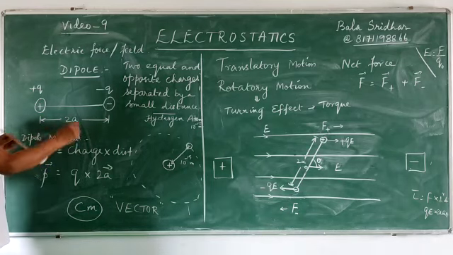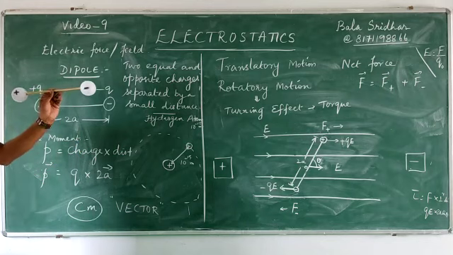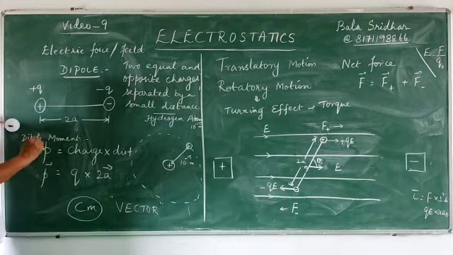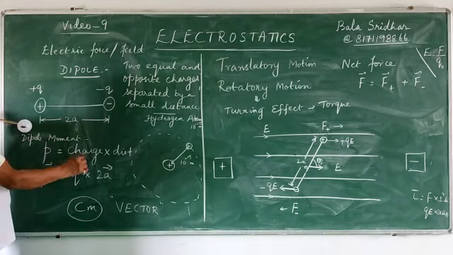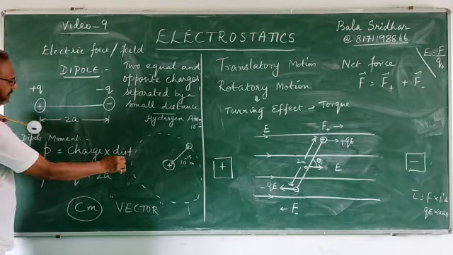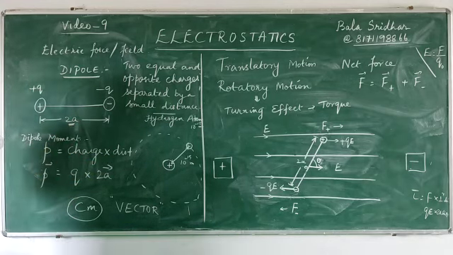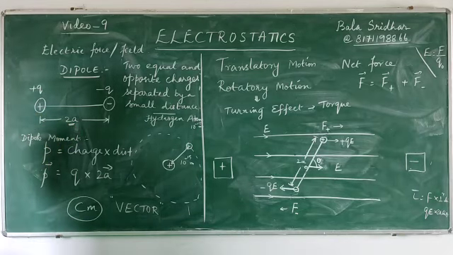Dipole moment is one of the charges multiplied by the distance of separation. We use the symbol P as the electric dipole moment. One of the charges is Q, and I take the distance of separation as 2a for a specific reason. I can take it as a, but I have taken it as 2a.